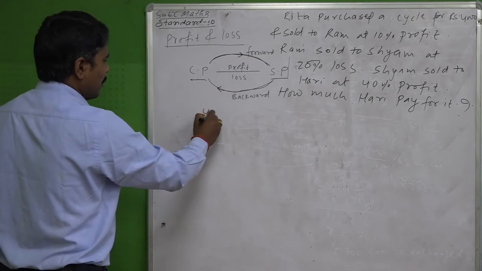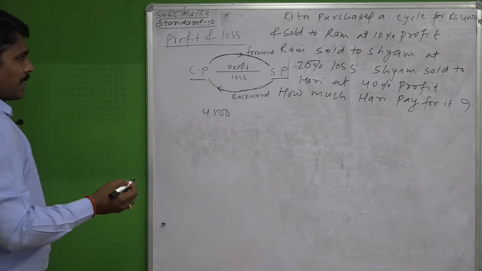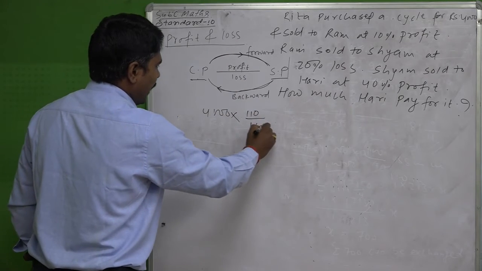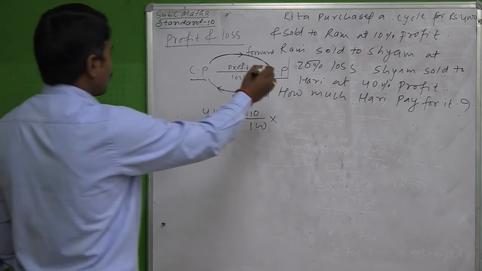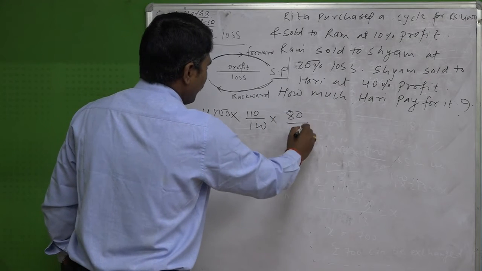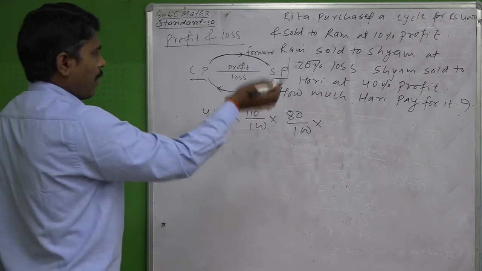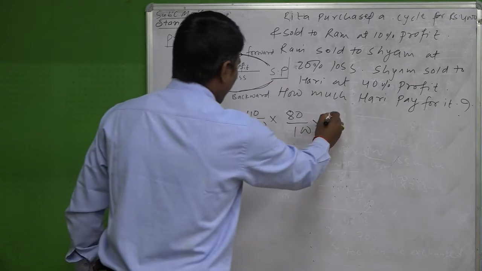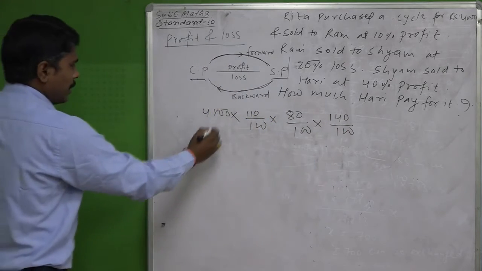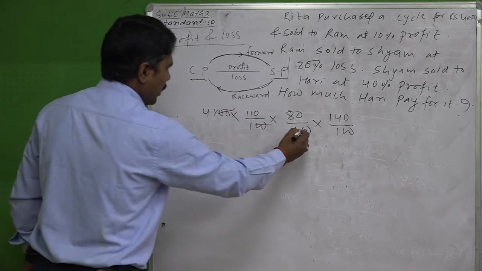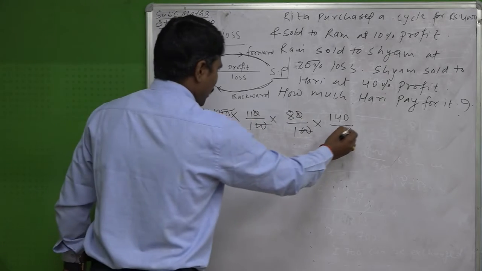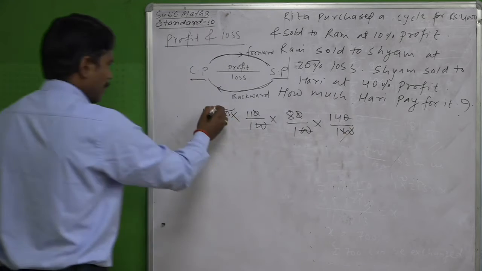See, 4,000 purchased, profit, then 110 by 100, and loss 20%, it means 20 subtracted, so 80 by 100, and now profit 40%, then 40 added, 140 by 100. Now you can calculate it. The 20 cancels, and this 20 also cancels here.